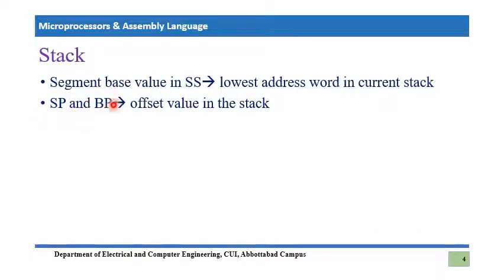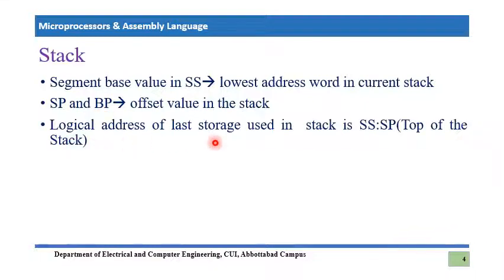We haven't dealt yet with the base pointer, but these two registers are always used as an offset value for the stack. Stack pointer is very often used, that's why we have seen some examples, but base pointer is used in very specific addressing modes once we are going to deal with different addressing modes. So hopefully we will deal with them.